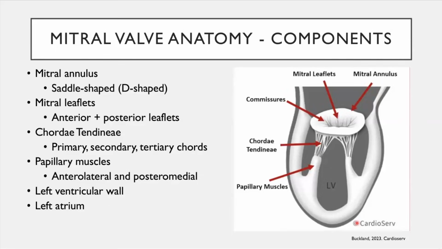We have the subvalvular apparatus, which consists of the chordae tendineae with primary, secondary, and tertiary chords. We have the papillary muscles that sit in the left ventricle, the anterolateral or posteromedial papillary muscles, and then we have the left ventricular wall and left atrium that are components of the mitral valve apparatus. This will become more relevant as we talk about mitral valve prolapse and mitral annular disjunction.